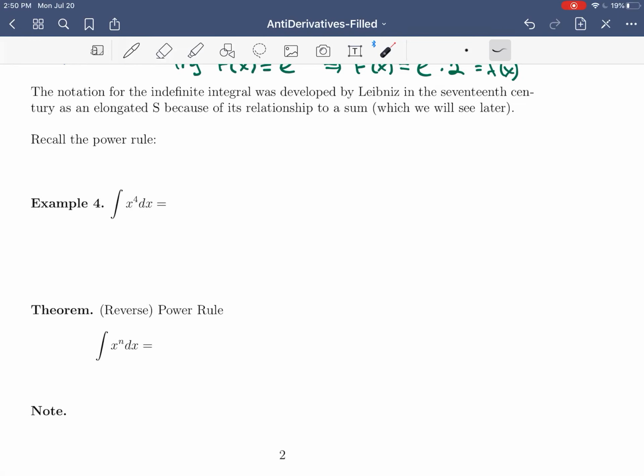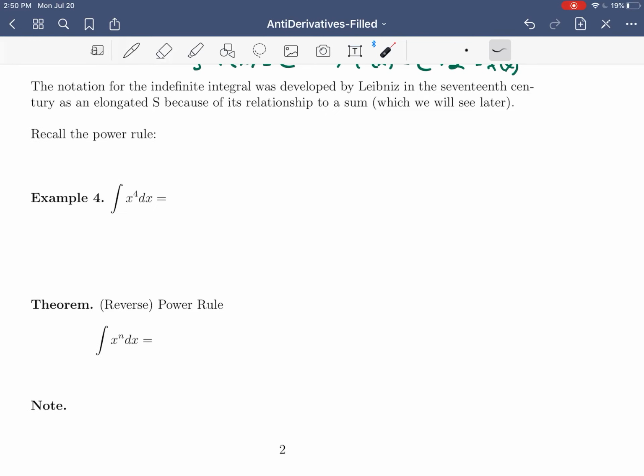I want to do a few that have the power rule. So let's just remember what the power rule looks like. If I wanted to take the derivative with respect to x of some power of x, remember we bring the power down and then it's x to the n minus 1.